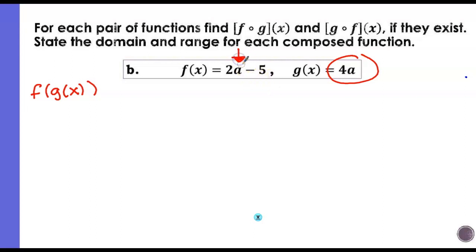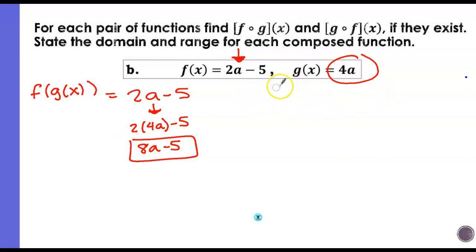So where I see that a, I'm going to replace it with 4a. So sometimes how I do this is I like to write down the outside function, which is 2a minus 5, and then kind of make an arrow here to note that I'm about to replace that a with 4a. So then that would give me 8a minus 5.